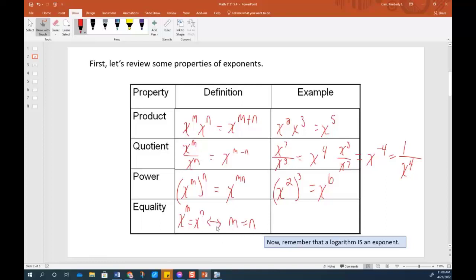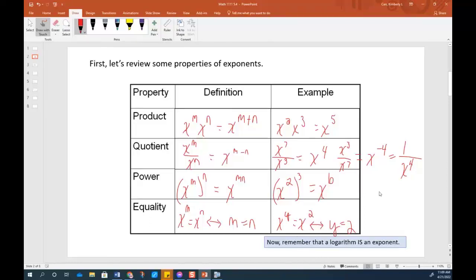If m is equal to n, then you could take a base and put it on both of them. So if I had x to the y is equal to x squared, that would tell me immediately that y has to equal 2. And on the other hand, if you know y is equal to 2, then x to the y would equal x to the second.